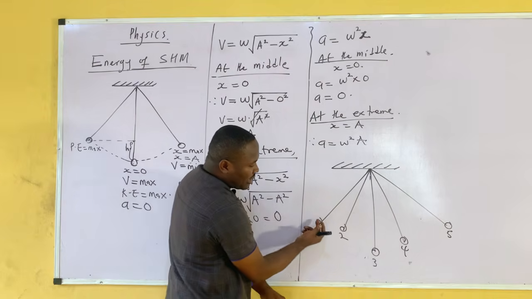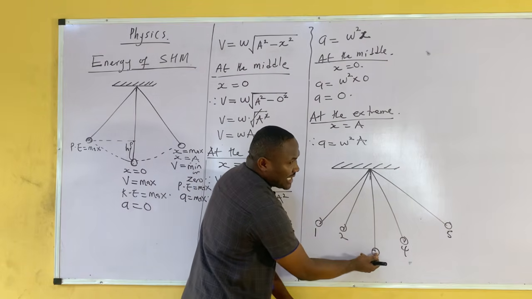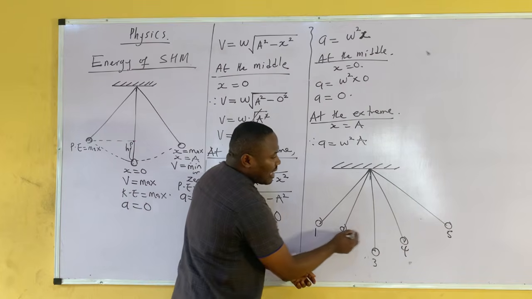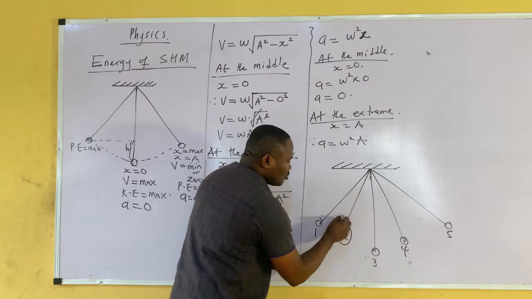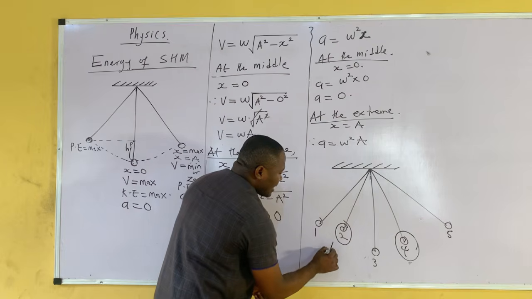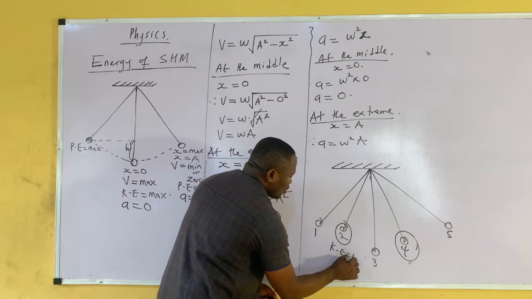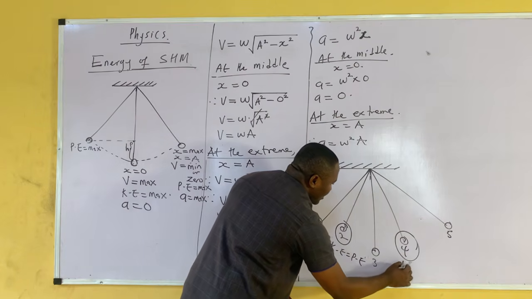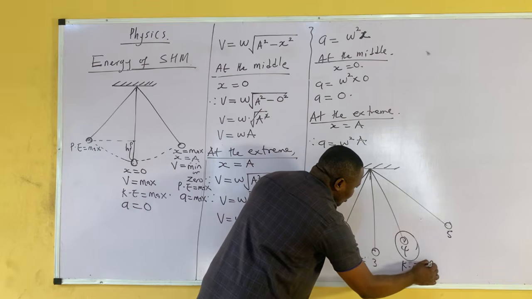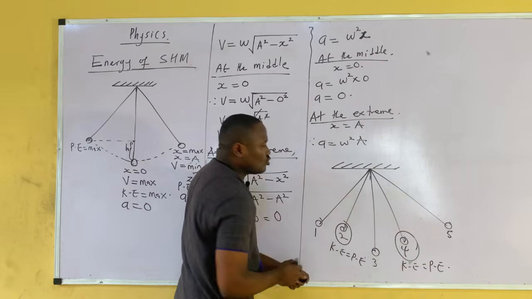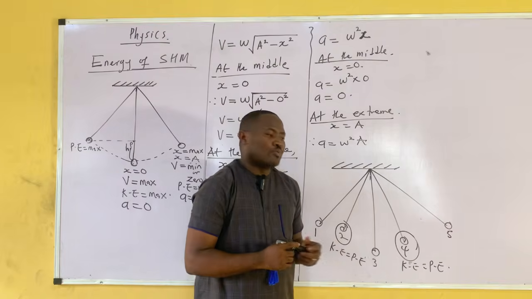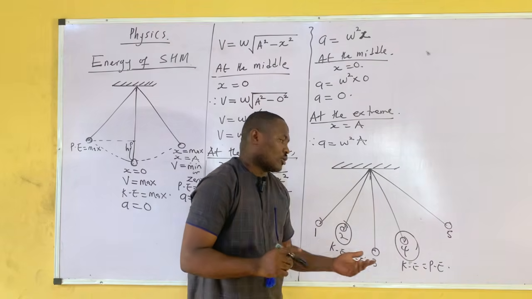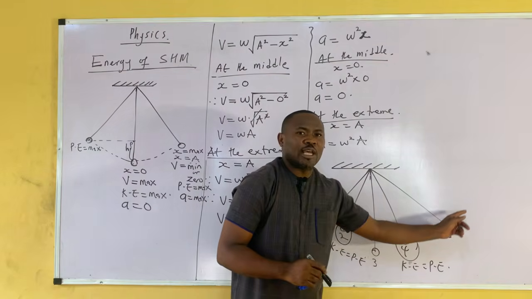As it's coming back, potential energy is changing to kinetic energy. So at 2 and at 4, kinetic energy equals potential energy. That's where both energies are equal because they are changing as they are moving.